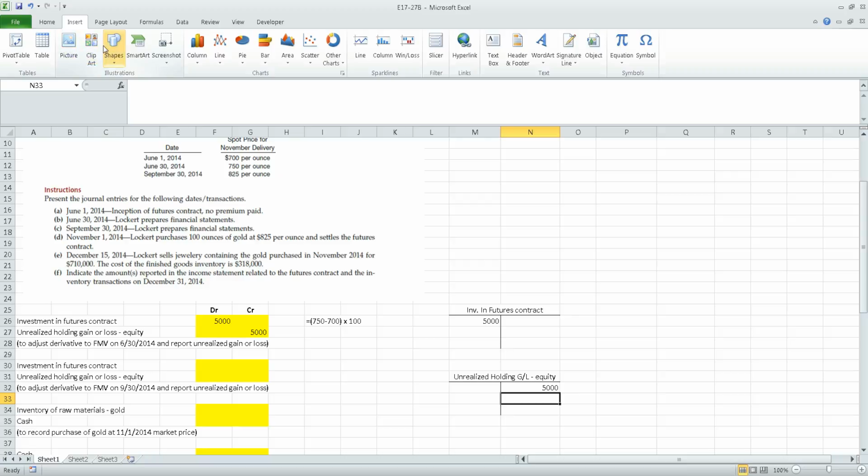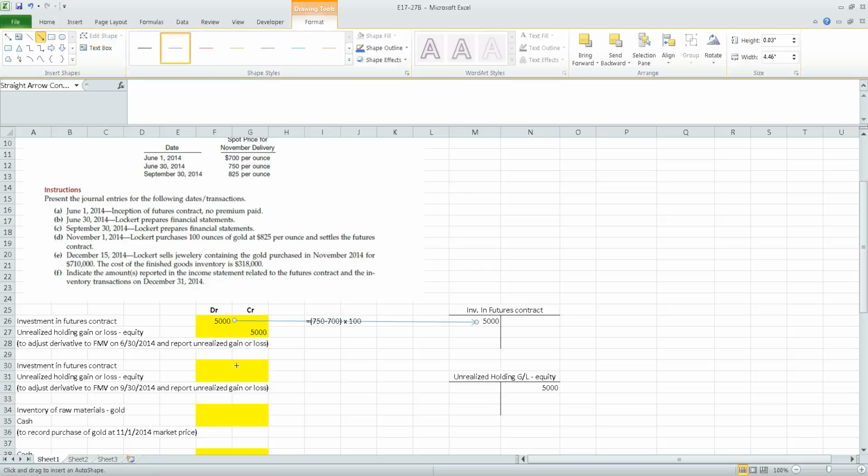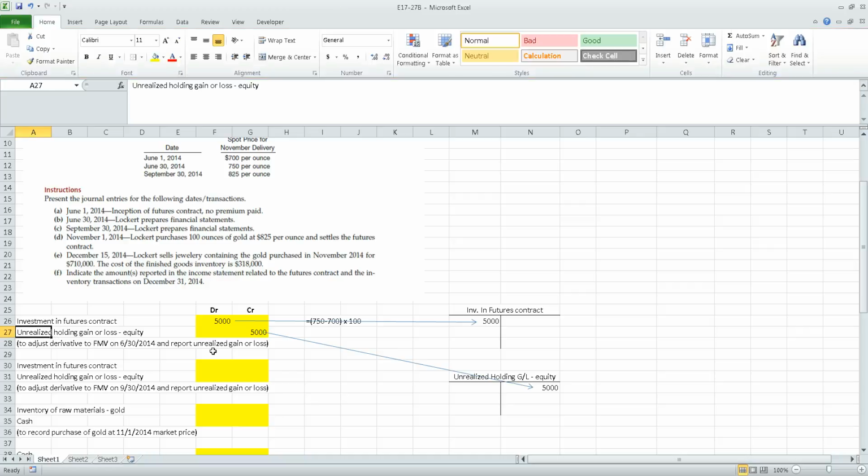And the reason why that unrealized holding gain or loss is going to the unrealized holding gain or loss dash equity account rather than the dash income account is because this is classified as a cash flow hedge, and those gains or losses that arise from the change in value of the derivative are accumulated in this account until the transaction that we're hedging against closes out and hits net income.